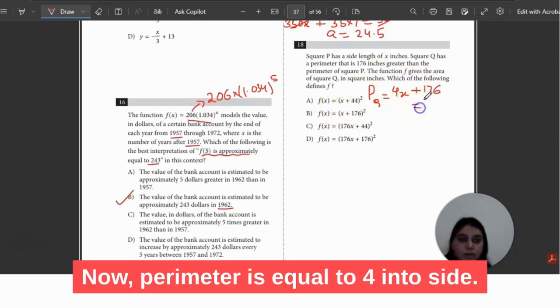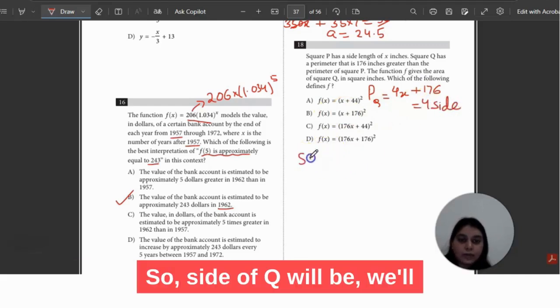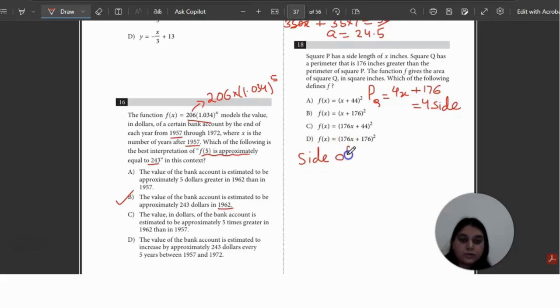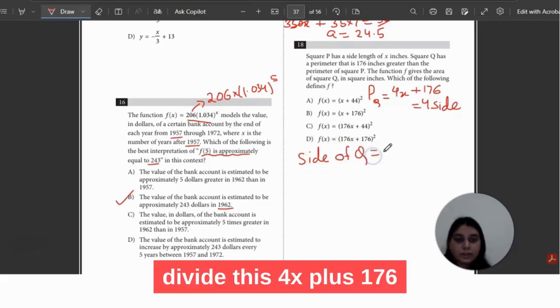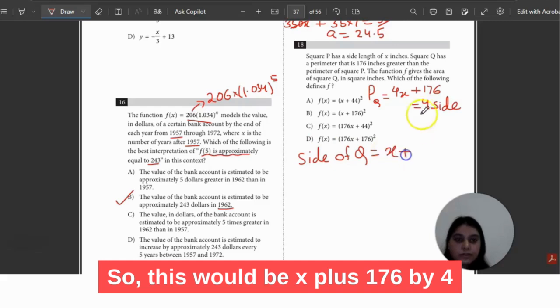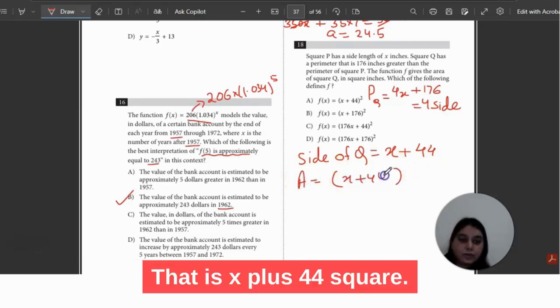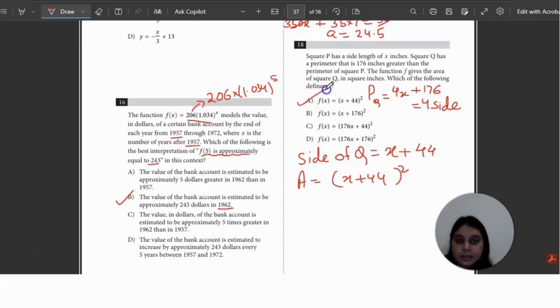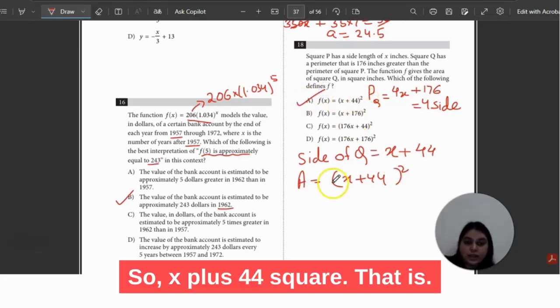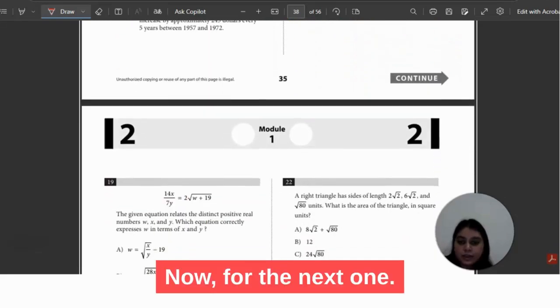Now perimeter is equal to 4 into side. So side of Q will be 4x plus 176 divided by 4. So this would be x plus 176 by 4, which is 44. Side is this, so area will be equal to side squared. That is (x plus 44) squared. Simple as that. So (x plus 44) squared, that is option A. Now for the next one.